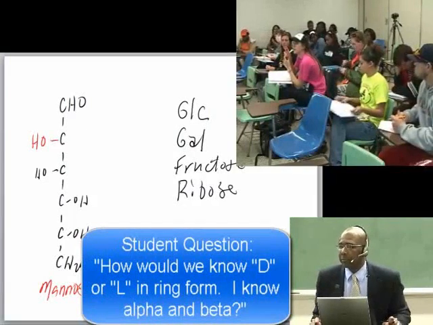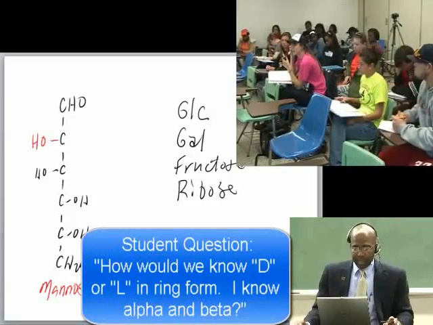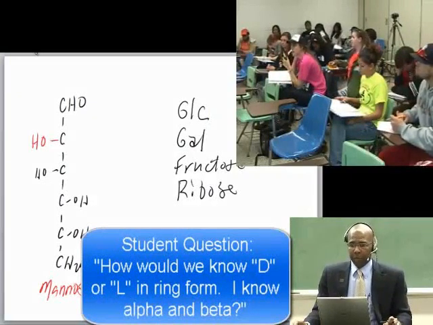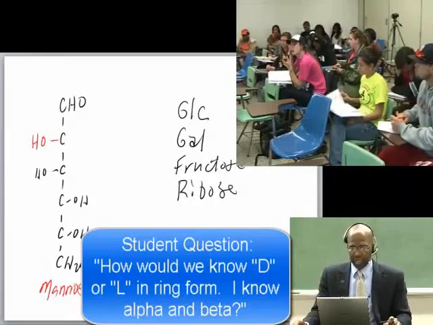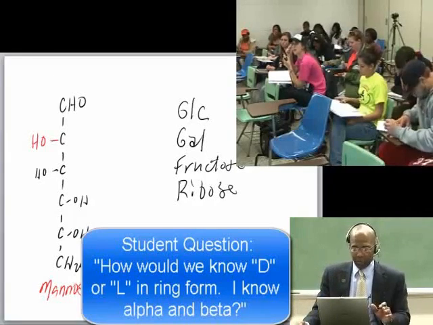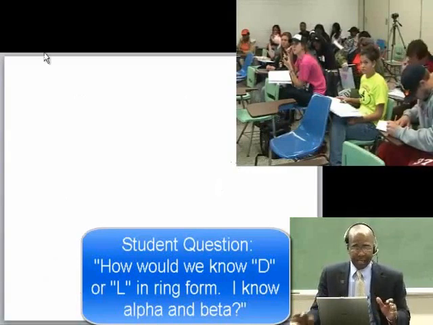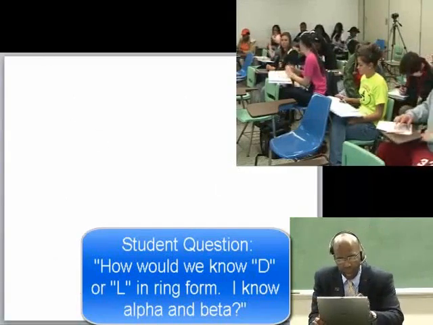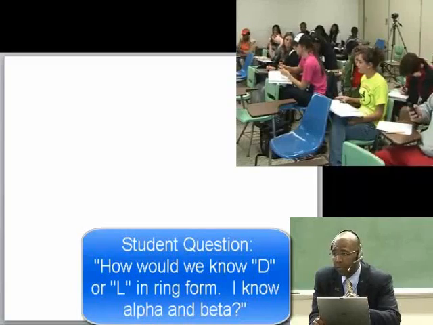How do we know if it's D or L in the ring form? I know beta and alpha. Are you talking about D-glucose? Okay, in the Haworth, let's do Haworth first. If something is in the ring form, how do you know if it's D? It's the 5th carbon.